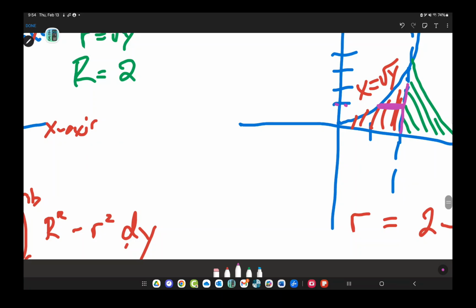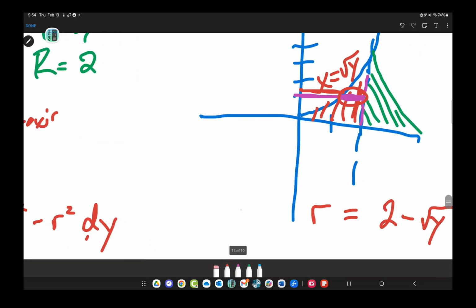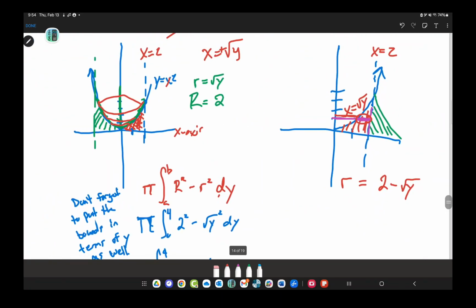That's the whole length, 2, minus the length for the function, square root of y. So here would be 2 minus square root of y. So we are going to do the disk method.